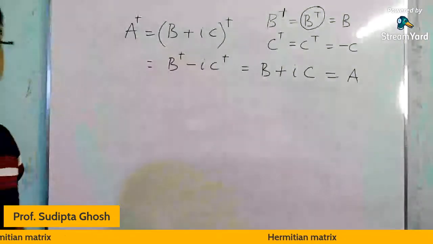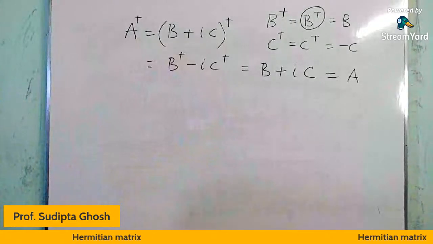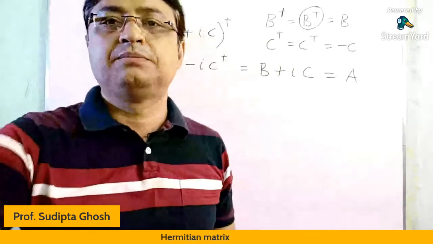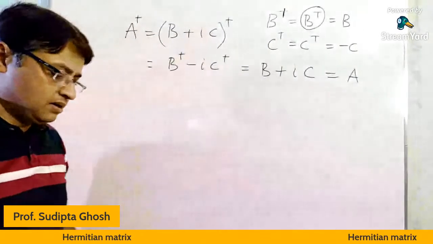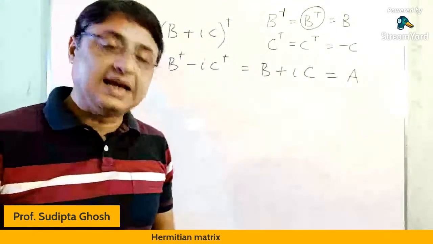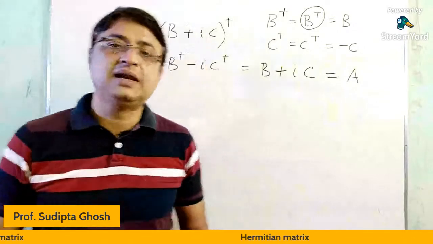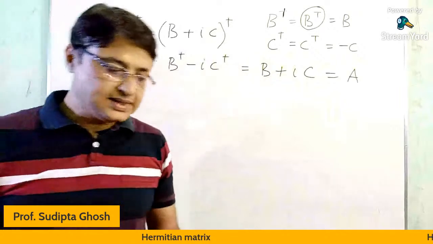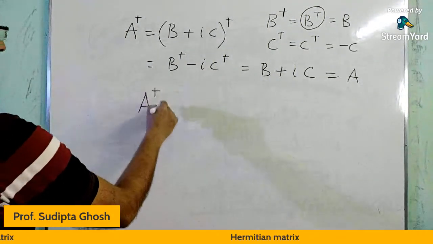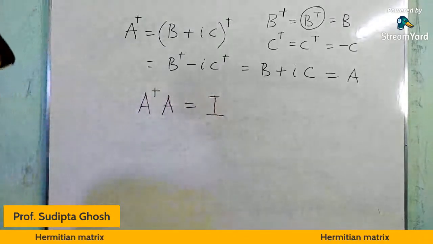Now let's move on to a unitary matrix. A square matrix A having complex numbers as its elements is said to be a unitary matrix if A dagger multiplied with A gives us a unit matrix.